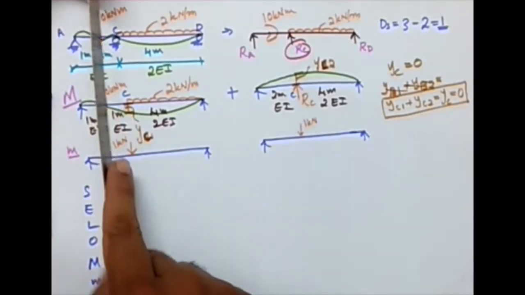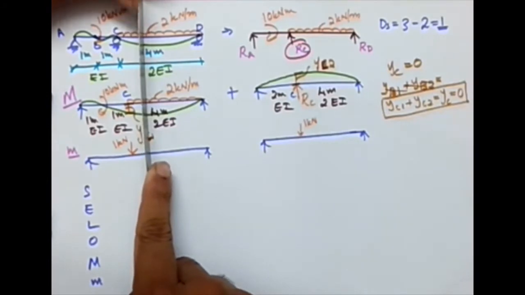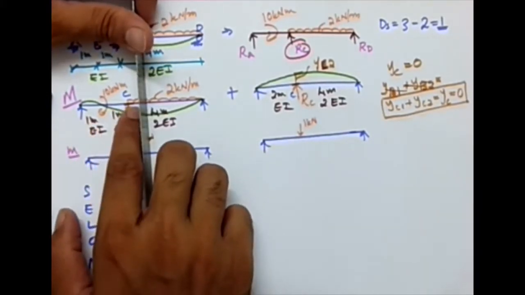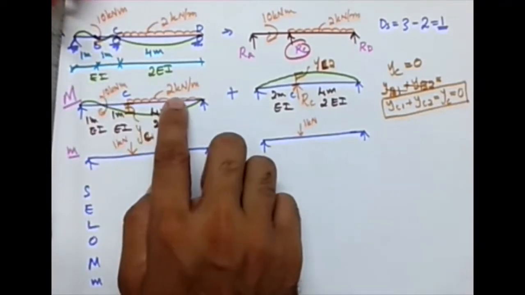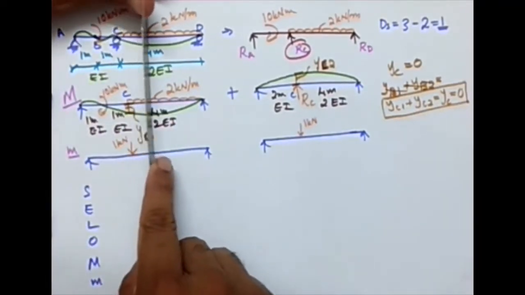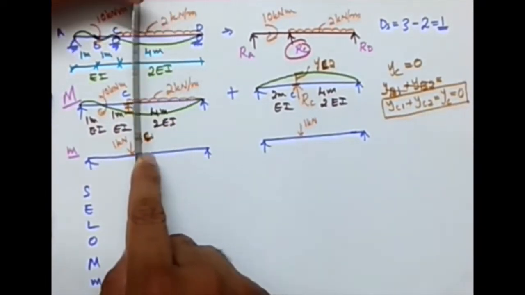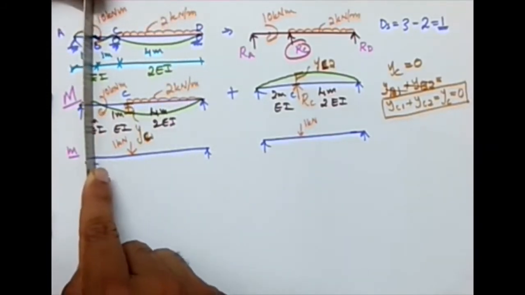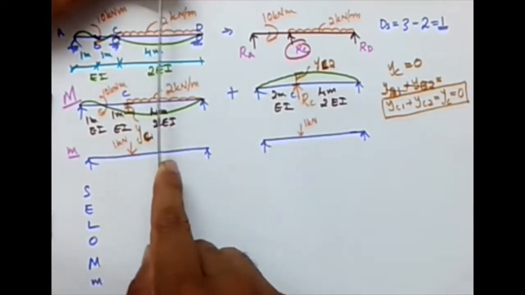Now when I take a section here, what happens? If I'm looking to the left side, apart from these two, there is this UDL also, so this should be a separate segment. Throughout this section, the expression for bending moment remains the same, so I need to have 3 sections, one here, and one here.